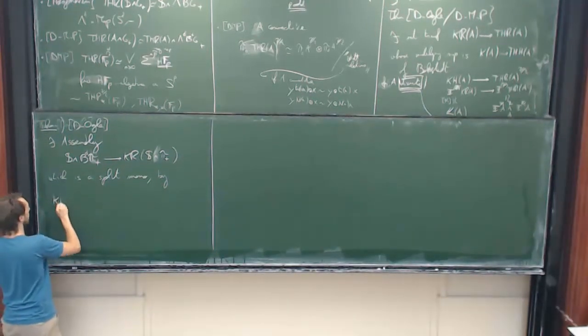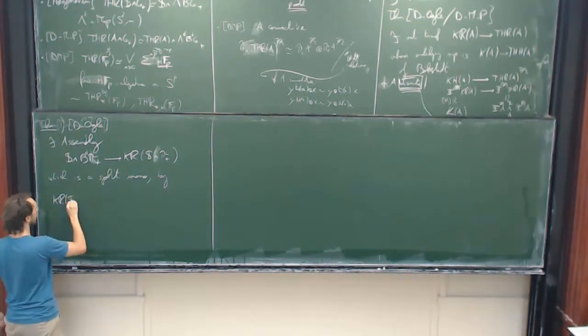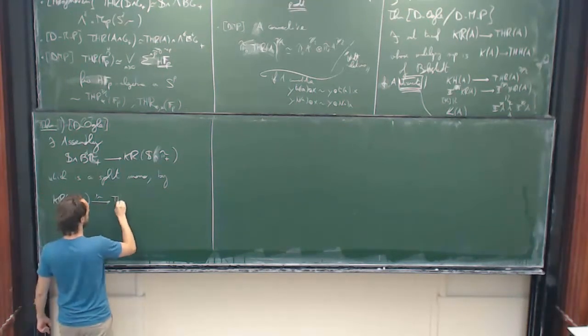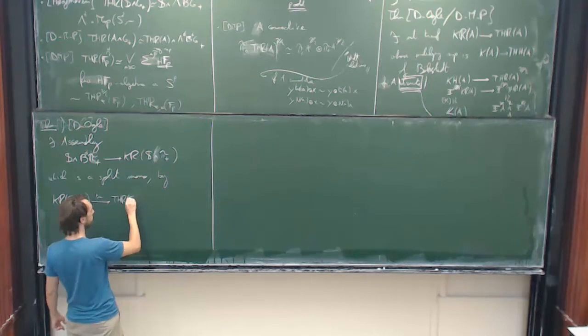So we can take real K-theory of the spherical group ring, take the trace to the real topological Hochschild homology.